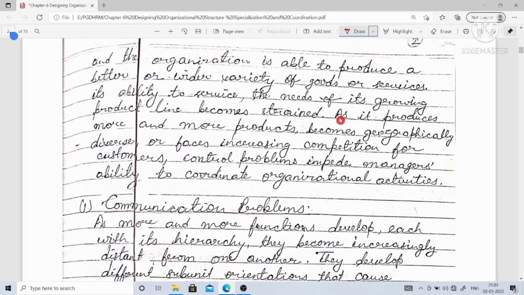As the organization produces more and more products, becomes geographically diverse in many different locations, and faces many different types of competition in the environment, all these things combined cause control problems for managers to coordinate organizational activities.